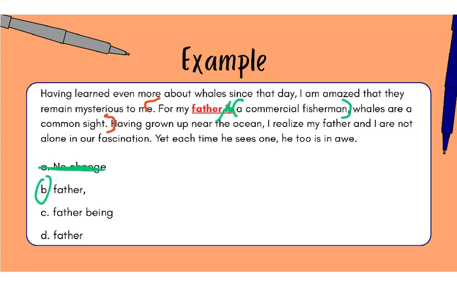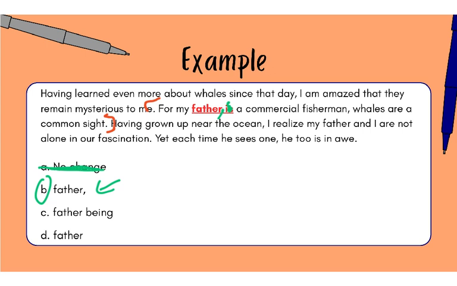So let's see if it's non-essential. Remember, it's non-essential if, when we take it out, the rest of the sentence makes sense. So let's read the rest of the sentence. For my father, whales are a common sight. That makes sense. So "a commercial fisherman" is non-essential information. And instead of using the "is," the correct answer would be B. For my father, comma, take off the "is," a commercial fisherman, comma, whales are a common sight.